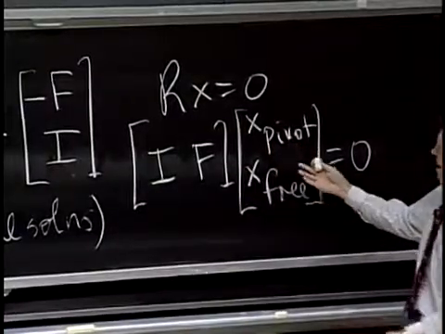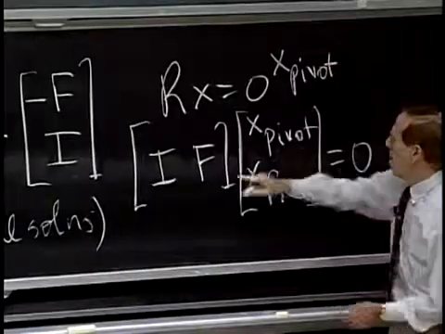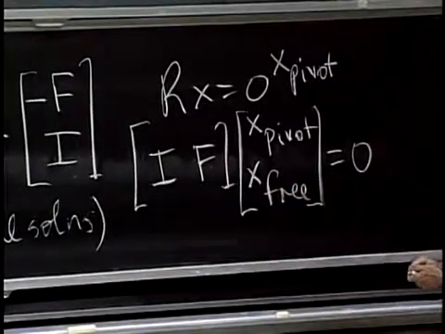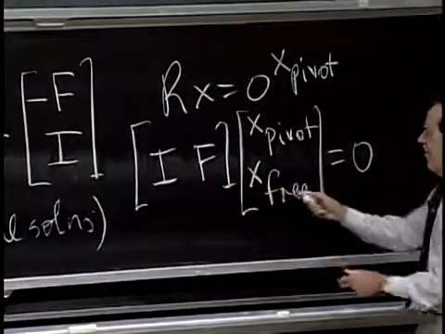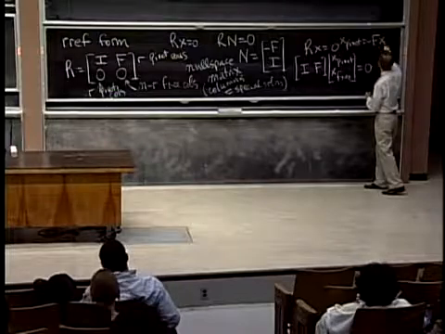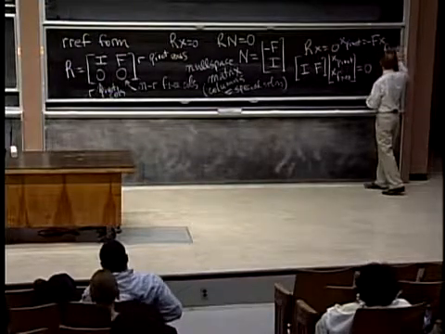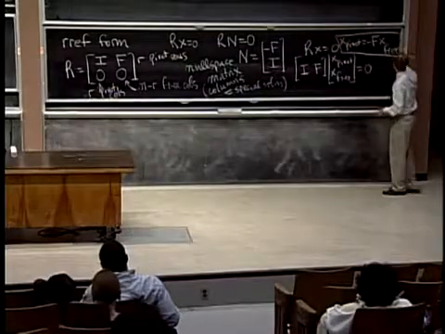So what does that mean? That means that the pivot variables plus F times the free variables give 0. So let me put F times the free variables on the other side. I get minus F times the free variables. There's my equation as simple as it can be.